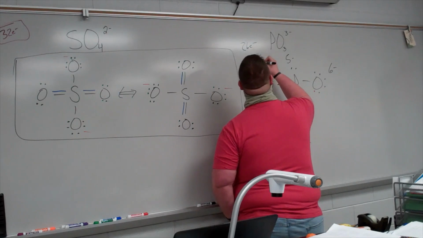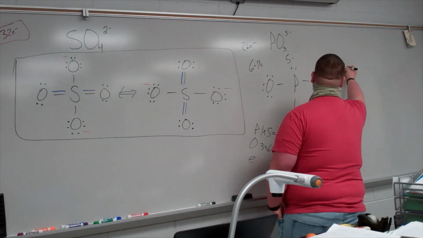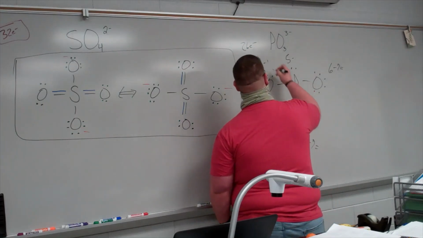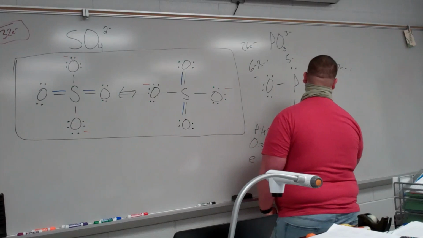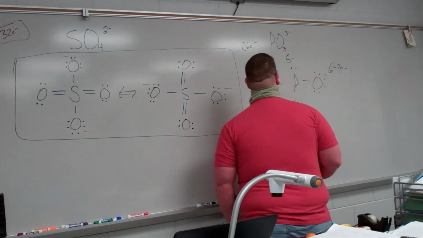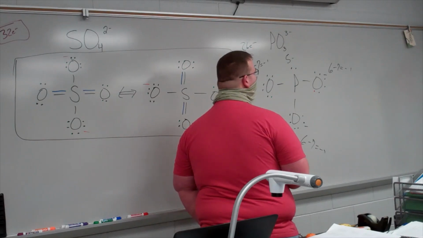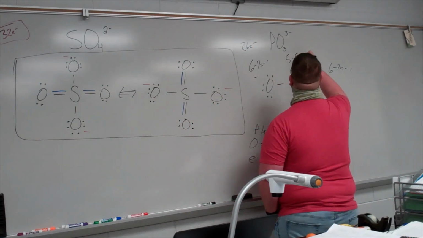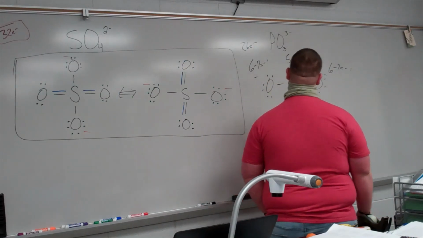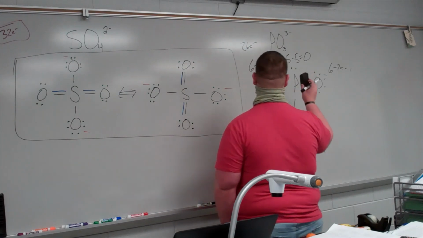So every one of them has a -1 charge. How many is the phosphorus showing? 5. So it's neutral. All of the oxygens get negative charges, and the phosphorus is neutral.